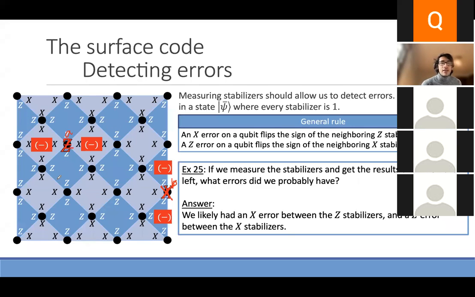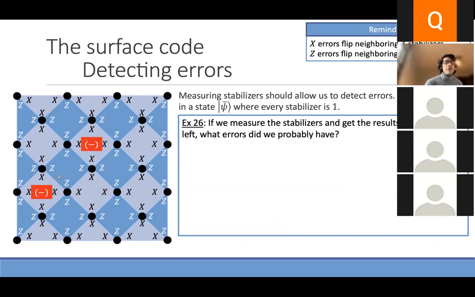Let's look at a slightly trickier case. What if we measure minus signs on these X's over here? Where should I put my errors? Where am I going to guess that my errors were?